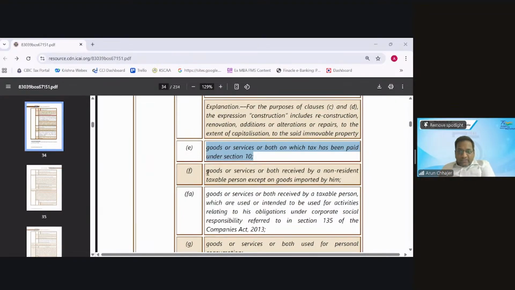Goods or services or both received by the NRTP, non-resident taxable person, except on the goods imported by him. Can you tell me the number of days for which registration of an NRTP is valid?